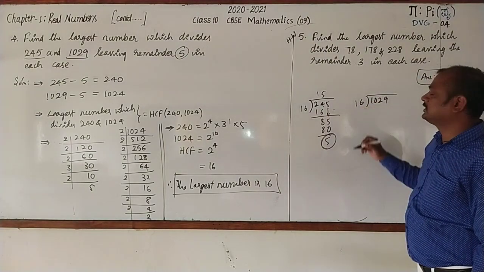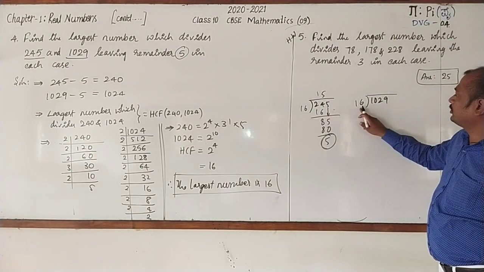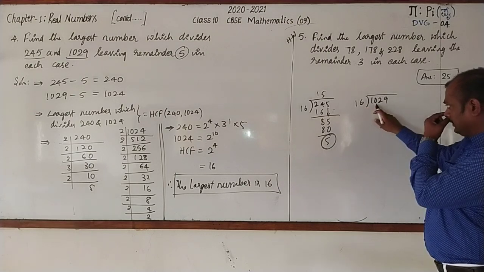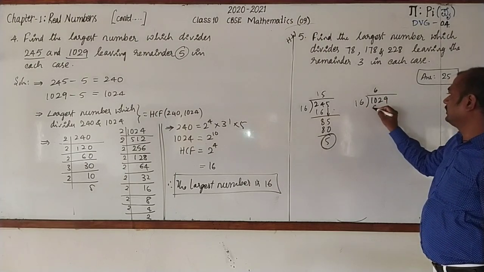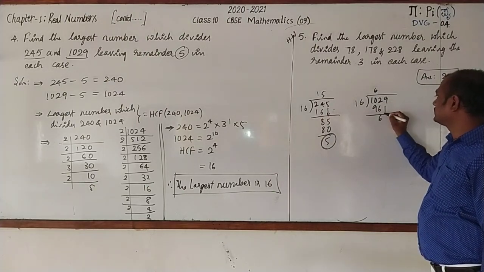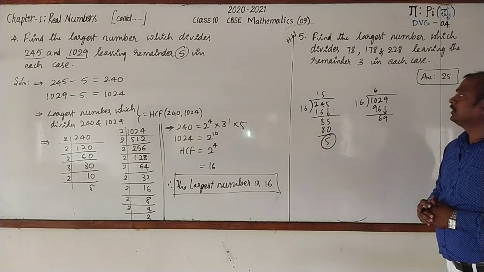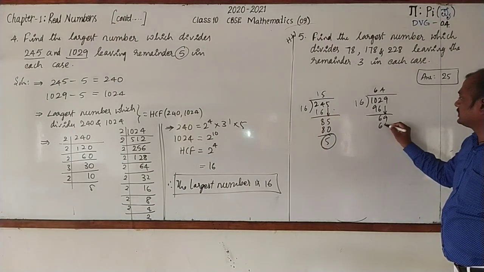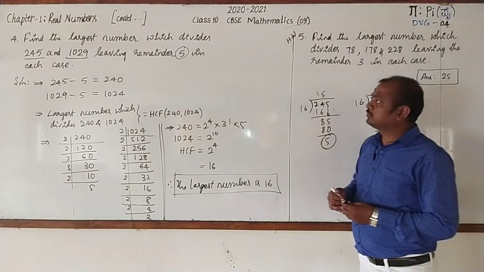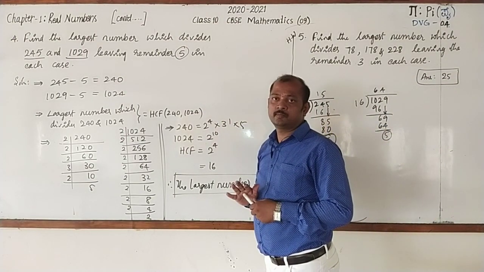Again divide this by 16. 16 5s are 80. 16 6s are 96. Then how much will remain? 6, 69. Then 16 4s are 64. What is the remainder? Again 5. Clear? So this is how we have to find.